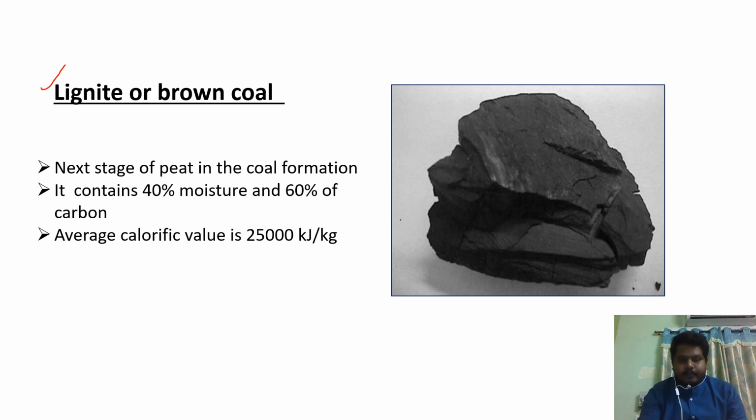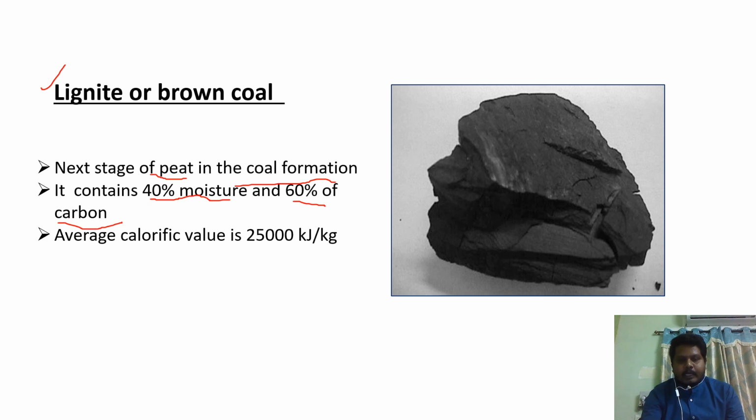The other type of solid fuel is lignite or brown coal. It is the next stage of the peat in the formation of coal. It contains 40% moisture and 60% carbon. Generally, in the coal, most of the energy is released from the carbon.